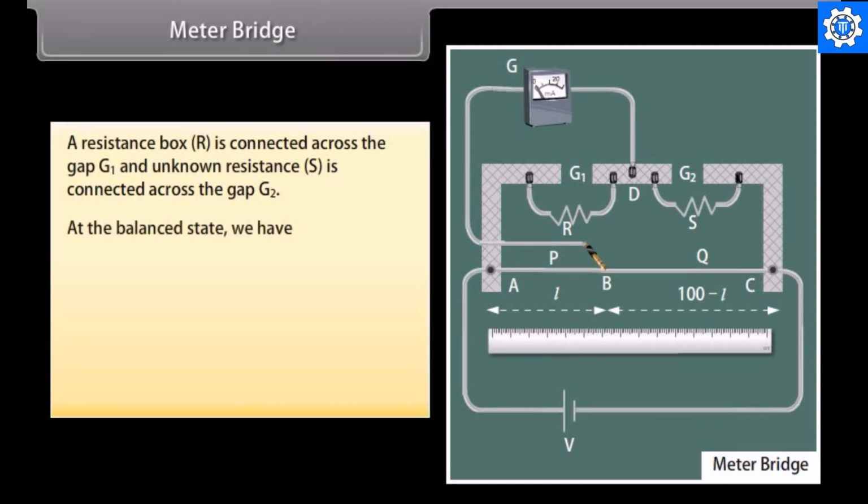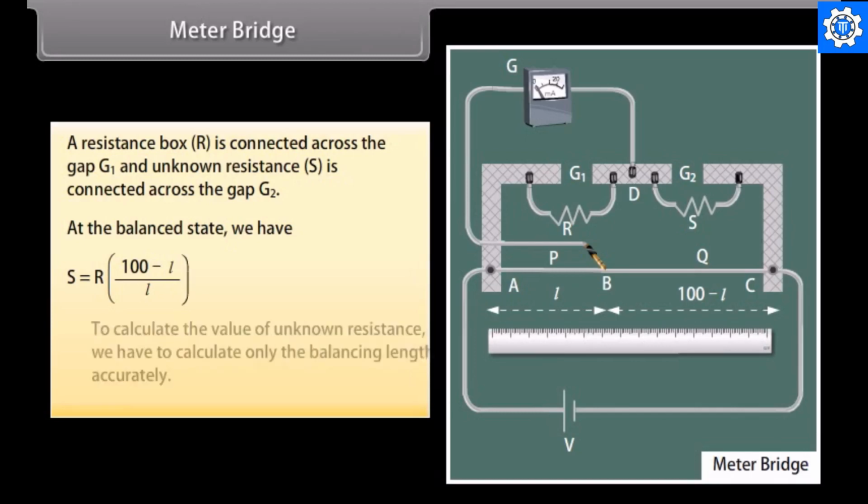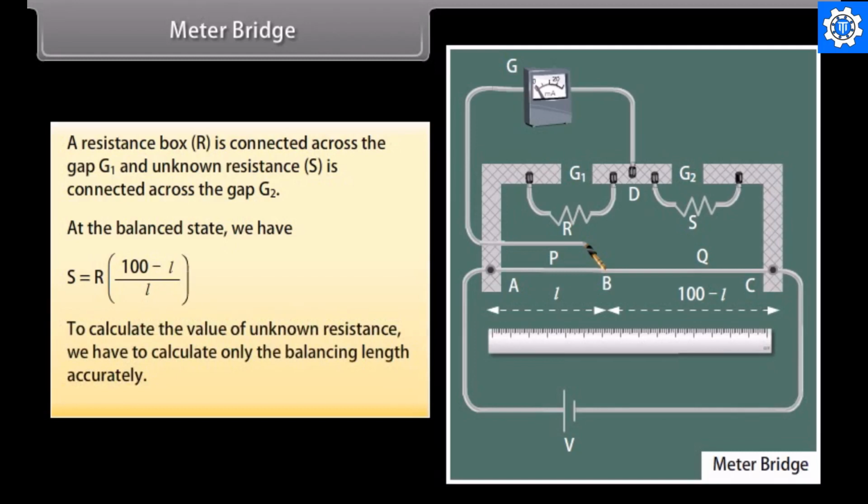At the balance state, we have S is equal to the product of R and (100 minus L) upon L. To calculate the value of the unknown resistance, we have to calculate only the balancing length accurately.